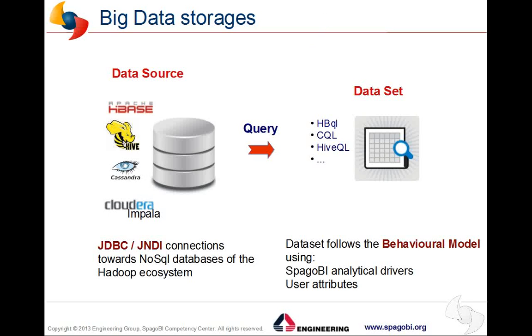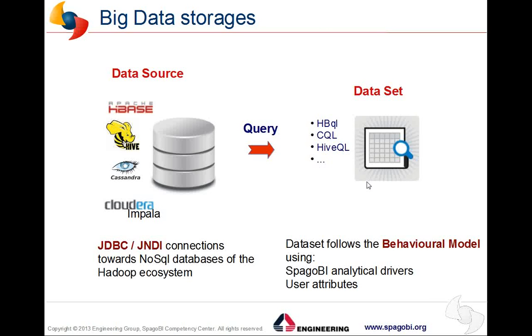I know that you already know. So you can query Hive, HBase, Cassandra, but you can also use Impala as a query accelerator, a query engine towards Hive, through some different SQL-like languages. We have HBQL for HBase, CQL for Cassandra, HiveQL towards Hive, and then of course the Impala language, which is a little bit different from the Hive query language, but mostly the same.